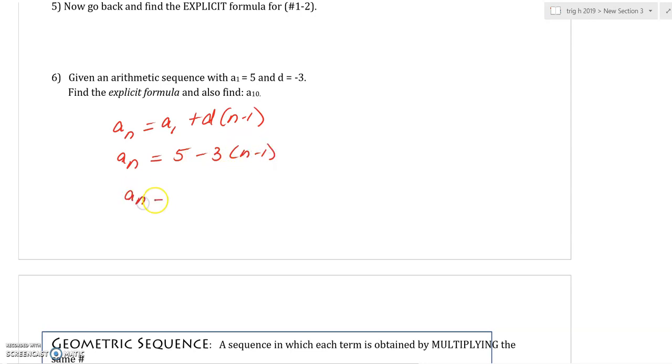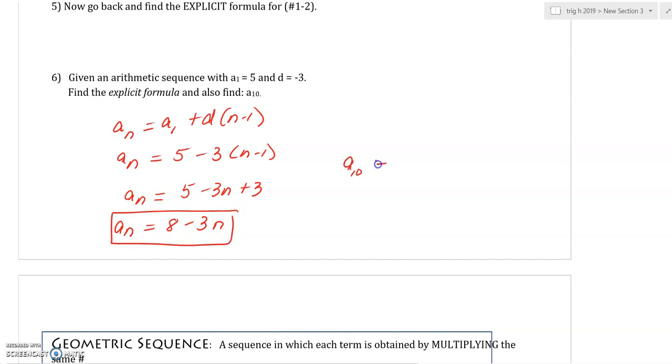So you would say a sub n equals 5 minus 3n plus 3, which is 8 minus 3n. Now, if for some reason you wanted to find the 10th term, all you do is put 10 in there. And you end up with negative 22.